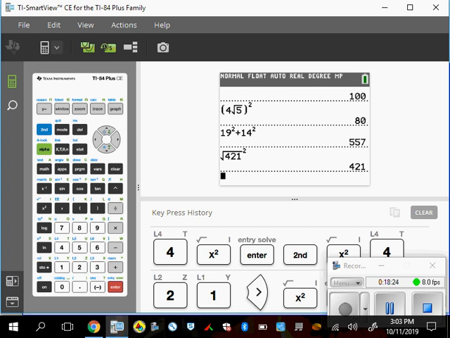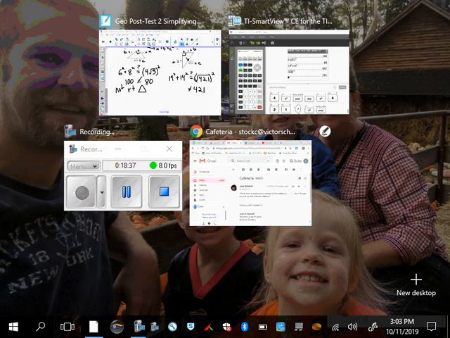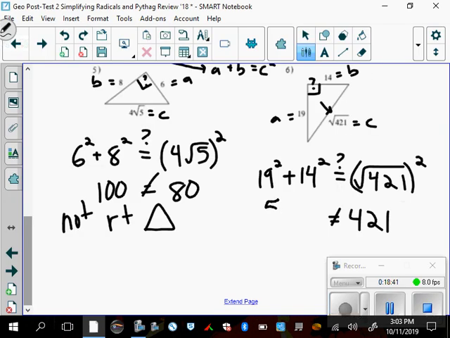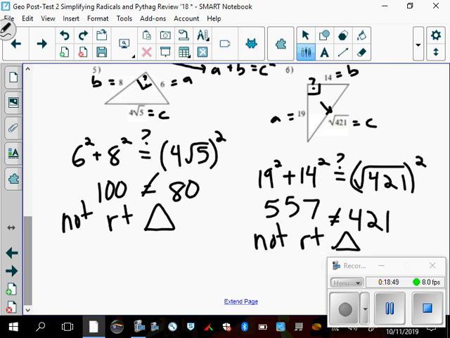And both of those give me a different value. We have 557. So this is also not a right triangle. If they did equal each other, it would be a right triangle.